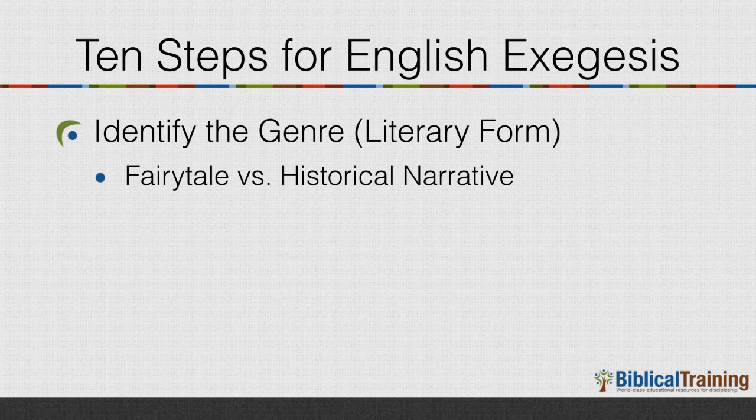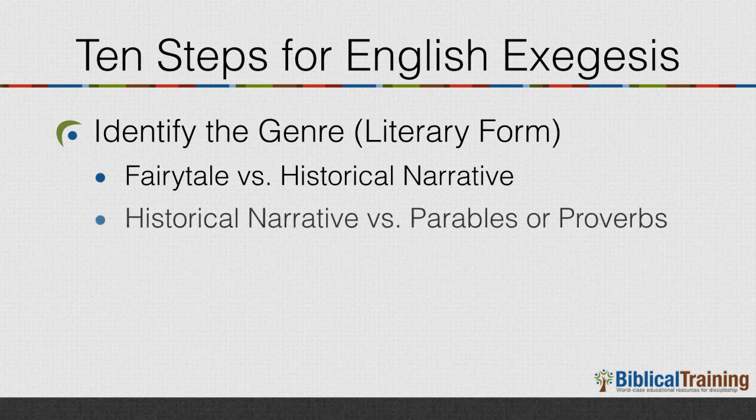For example, historical narrative. In historical narrative, truth is communicated factually through the language of the narrative. We are looking for historical facts. We are also looking for features of narrative like plot and characters and so forth. But with historical narrative, we're looking for facts. On the other hand, with a parable, what are we looking for? If Jesus told a parable, we're not looking for historical facts. We're not looking for the question of whether the Good Samaritan was an actual person in history.